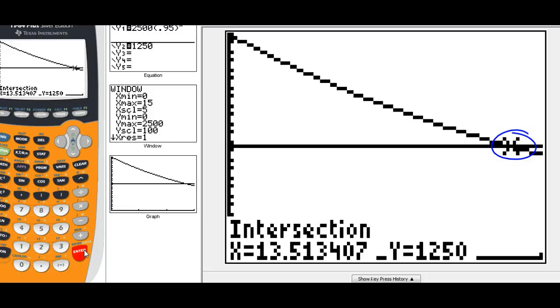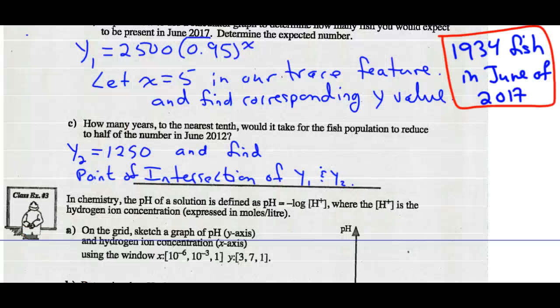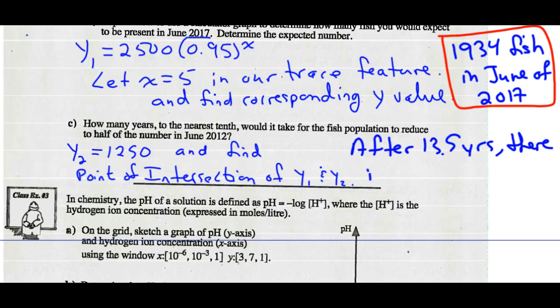So it asks to the nearest tenth of a year, so we're going to say after 13.5 years, there is 1,250 fish.